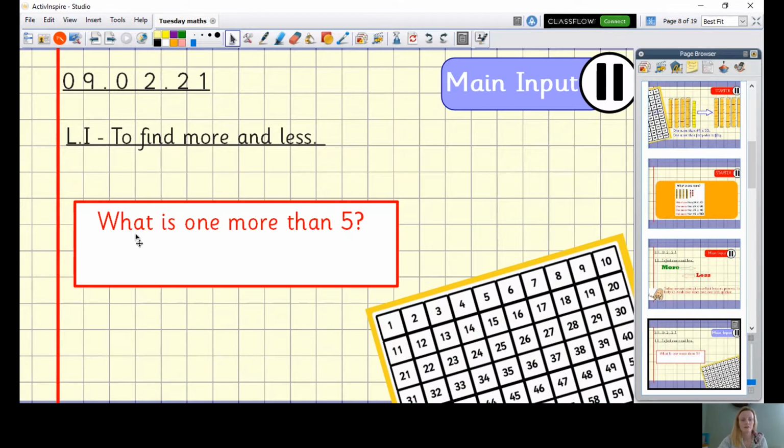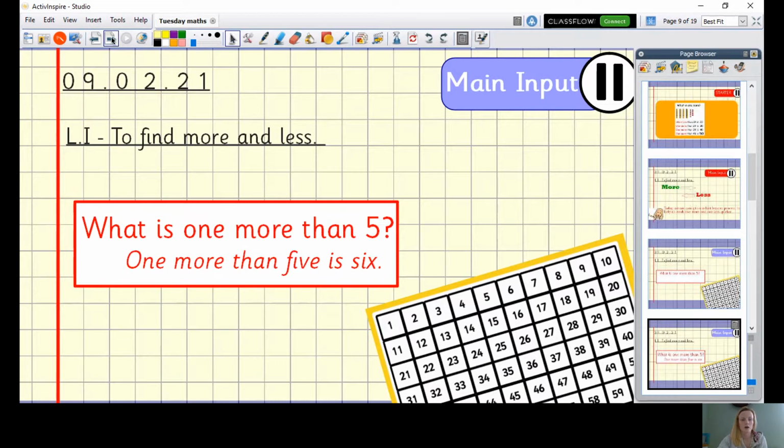Okay, so first of all, what I would like you to do is, what is 1 more than 5? So find the number 5 on your number square and tell me what 1 more is. Okay, of course, 1 more than 5 is 6. So we're going to figure out how that can help us with other calculations.